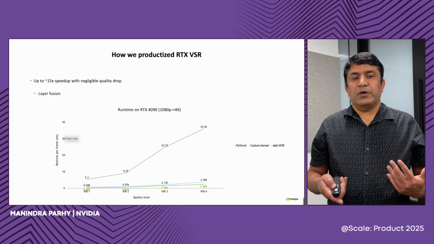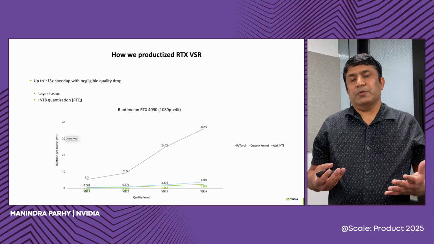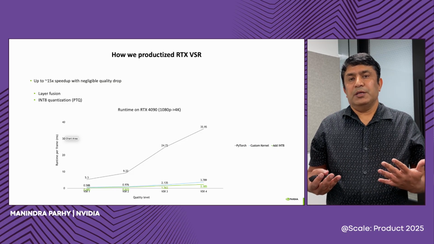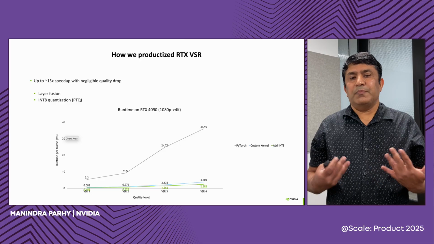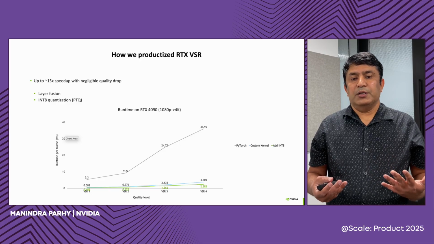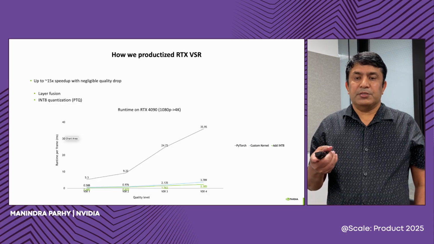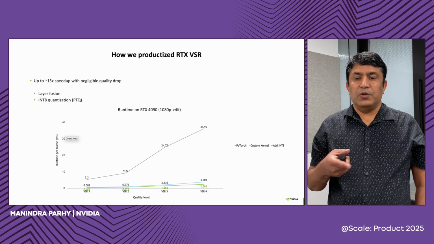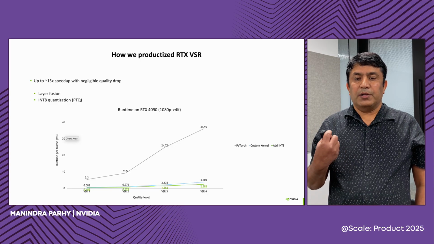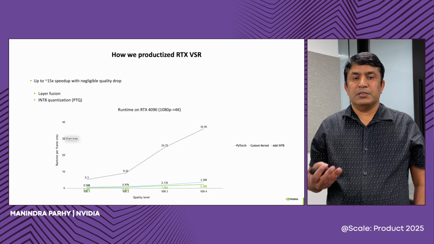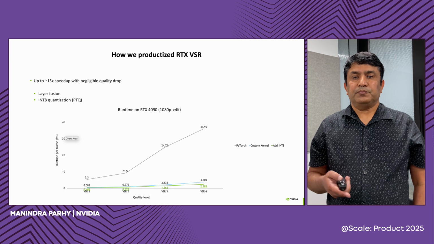At the same time, we did int8 quantization instead of FP16, which reduced the memory bandwidth and made it much faster. The black line here is PyTorch, the blue line is our custom optimizations, and the green one is the further int8 optimization.